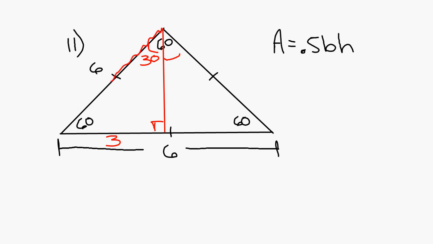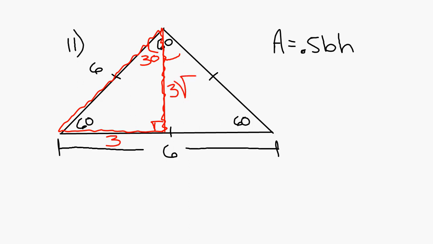With a short leg of 3 and a hypotenuse of 6. And you need the long leg. So the long leg is equal to the short leg times the square root of 3. So now you have all the information to find the area.